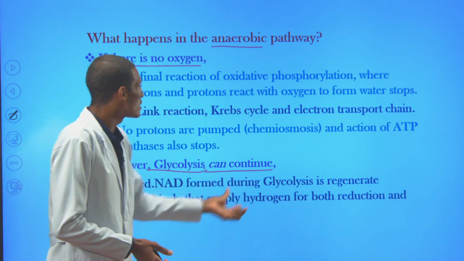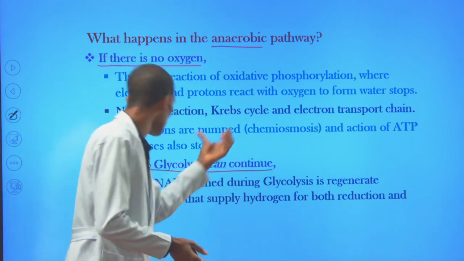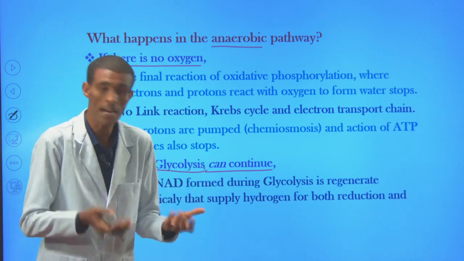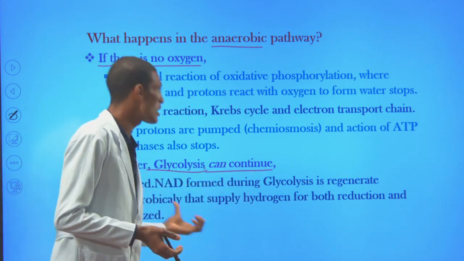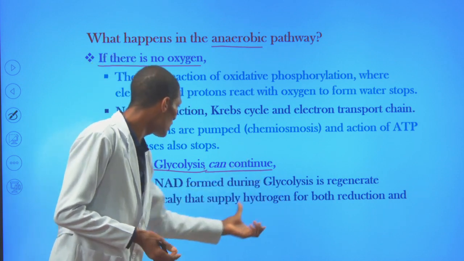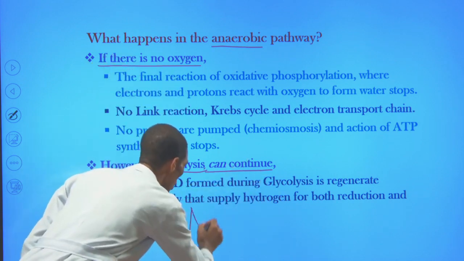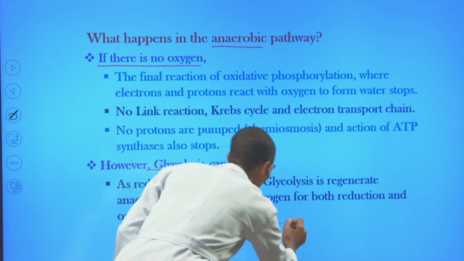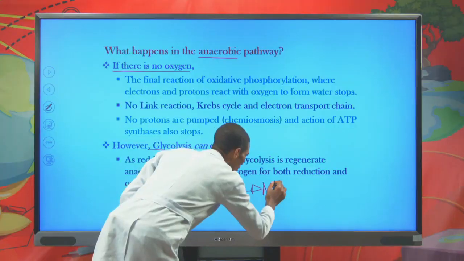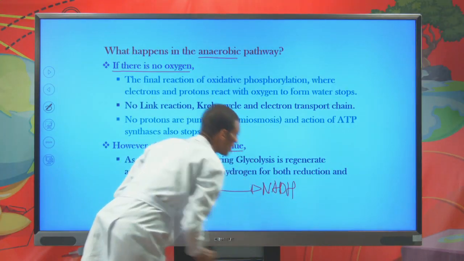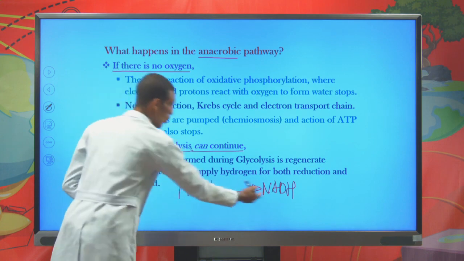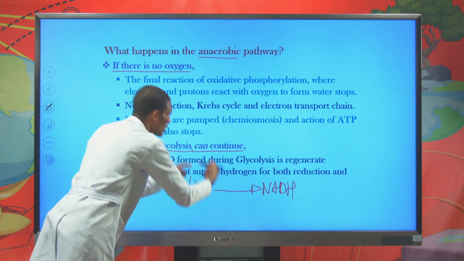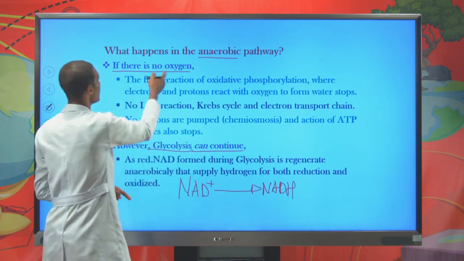But here, since the step only continues under glycolysis, oxidation and reduction take place in the cytoplasm. When one end of the NAD becomes oxidized, it supplies protons to another end of the process, which means when one end becomes reduced, this one becomes oxidized. So a redox reaction takes place during glycolysis, even though there is no oxygen.